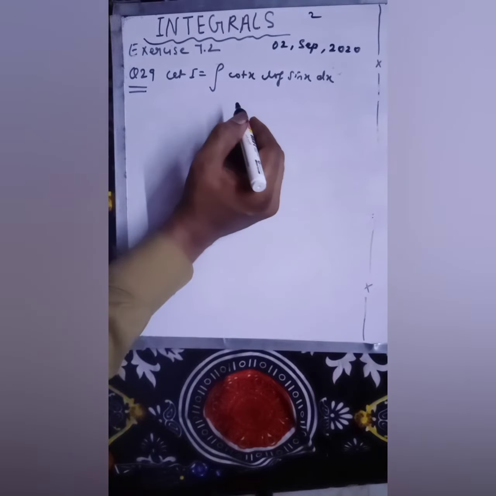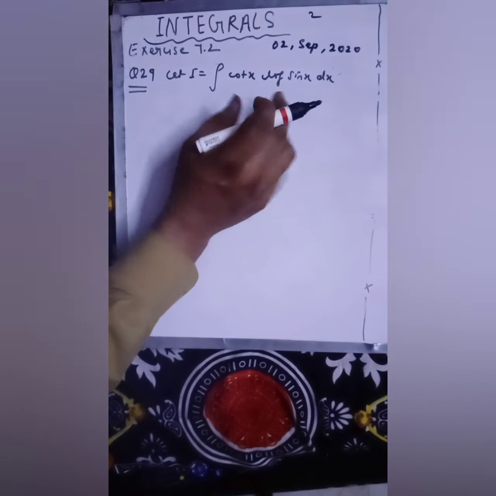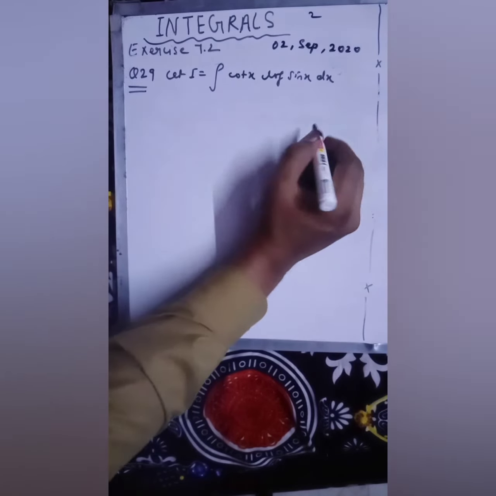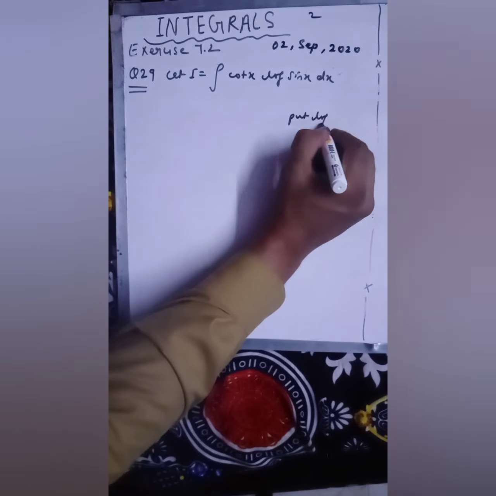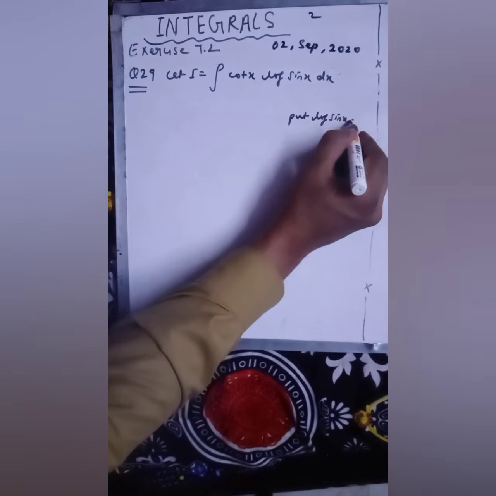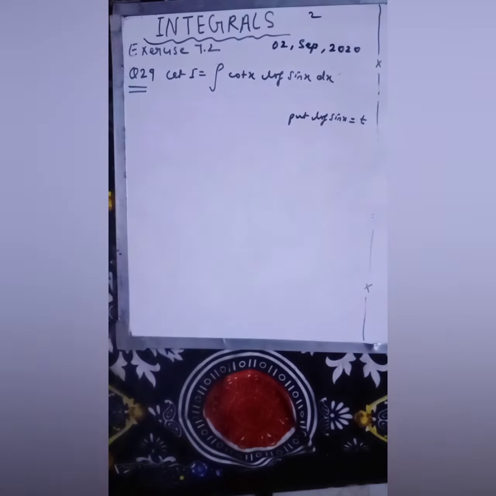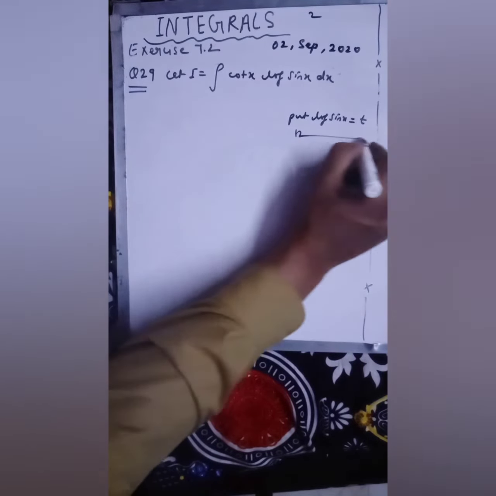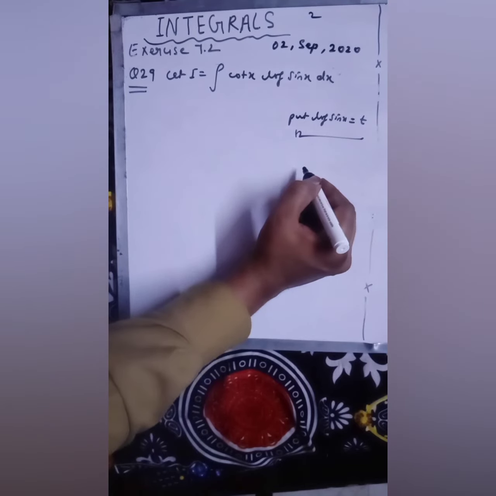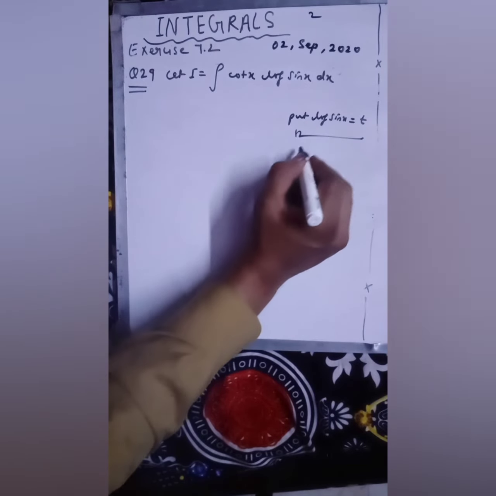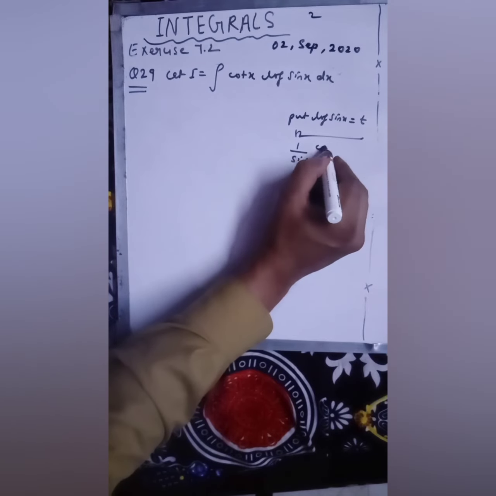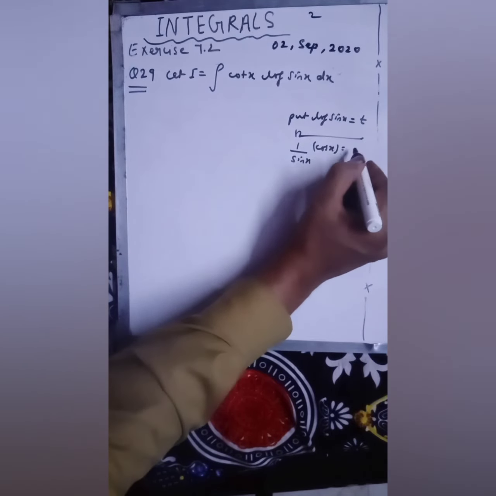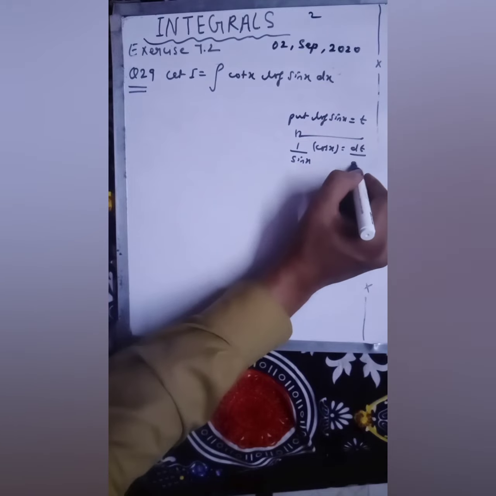See how you can solve this. So this is the question, and I put log sin x equal to t. Again we are differentiating both sides with respect to x. So the derivative of log sin x would be 1 upon sin x, then the derivative of sin x would be cos x, and that must be equal to dt by dx.